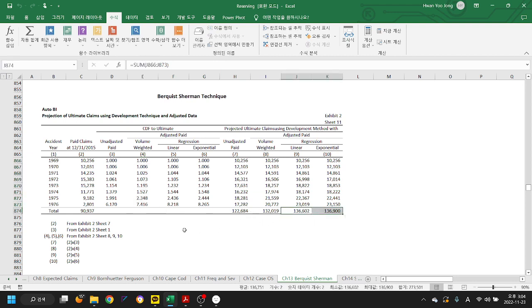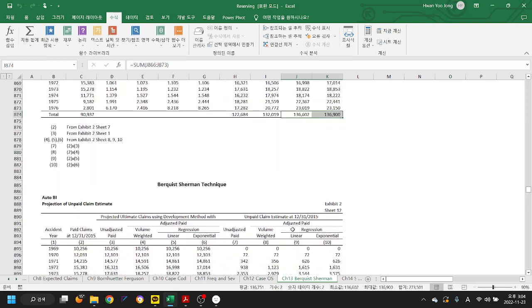They're quite close, right? So this is what Berquist Sherman did to restate the paid loss development triangle, and also apply again the regression to come up with the age to age factor and get the loss development factor finally. And this is what the ultimate paid losses are accordingly.